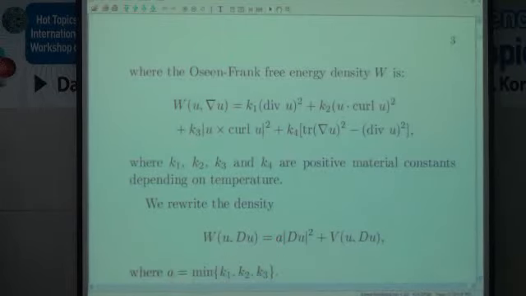We can rewrite the energy as the gradient of u plus V, where A is the infimum of K1, K2, K3. So basically, you use this total energy as a number. Then you can see it very clearly, and a lot of people take this equal to 0 case.